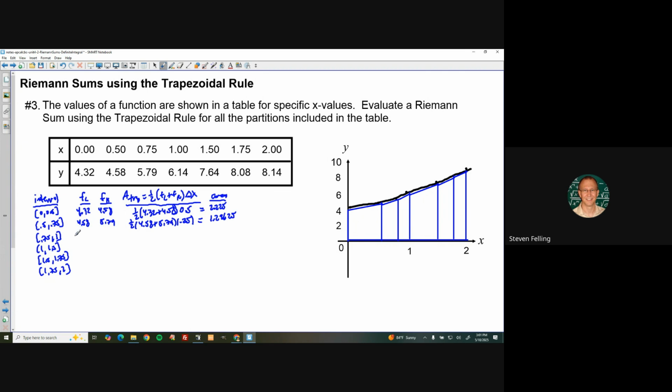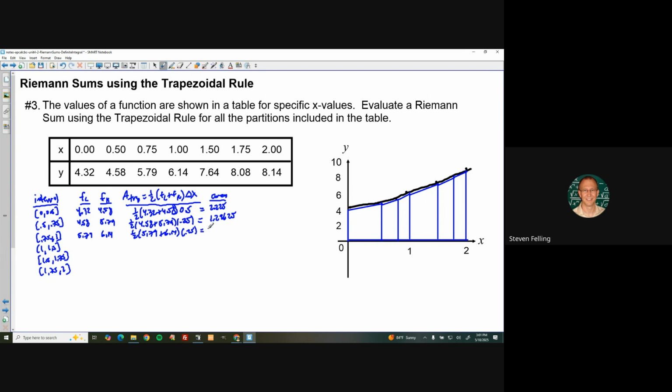Okay, the next one, we're going to take the heights over this interval. So that's going to be 5.79 and 6.14, 1/2, and then the average, 5.79 plus 6.14, and then the width of that is also 0.25.